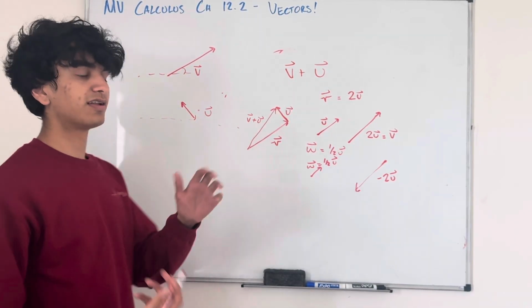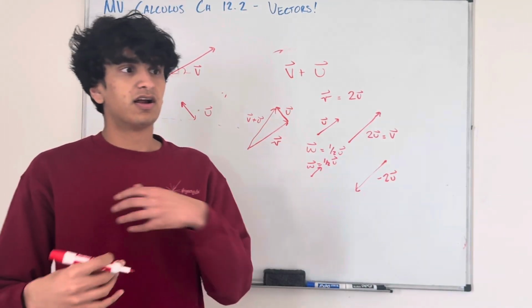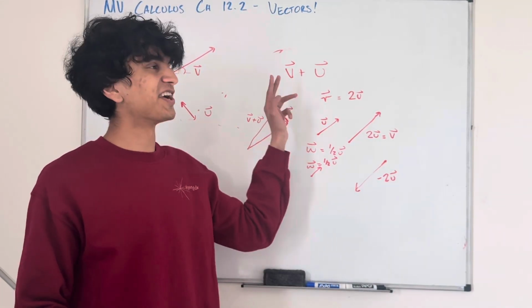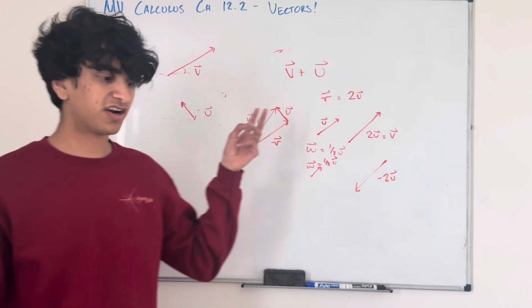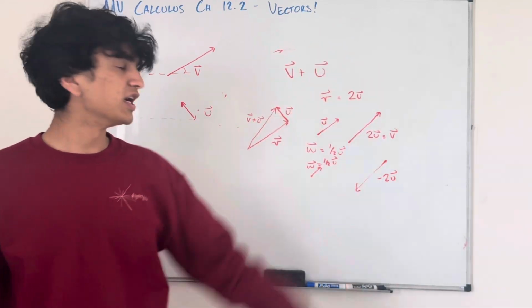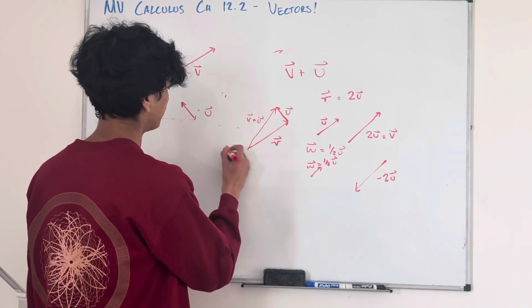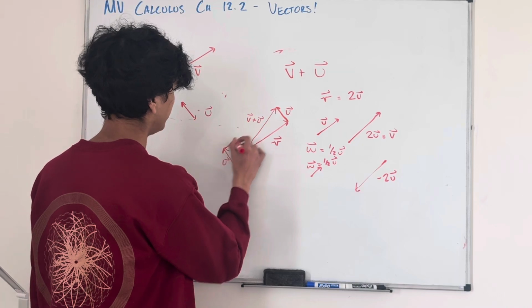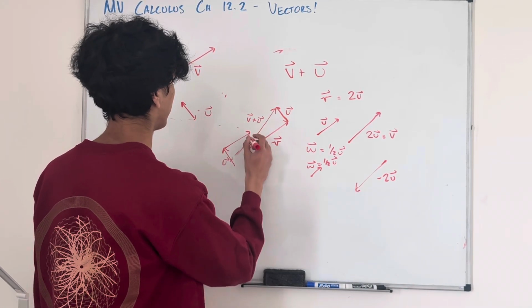What you're going to notice is a lot of the algebra rules that we've known before don't transfer over to vectors. Did I say cumulative? I meant commutative, one of the rules where v plus u equals u plus v. That actually holds, because if you go u first and then v, you get the same resultant vector.